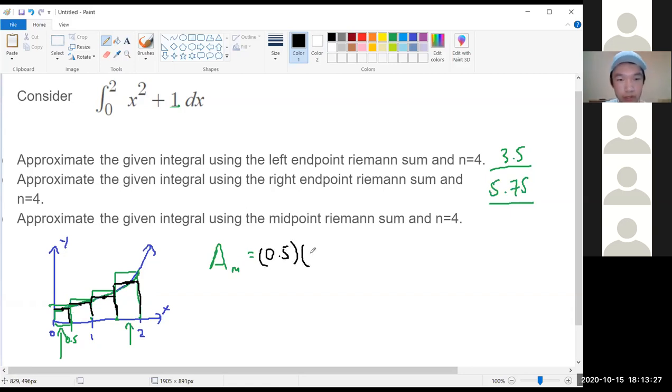The first rectangle is going to be f of 0.25 now, because that's the midpoint between 0 and 0.5. That gives 1.0625. So it's that plus 0.5.